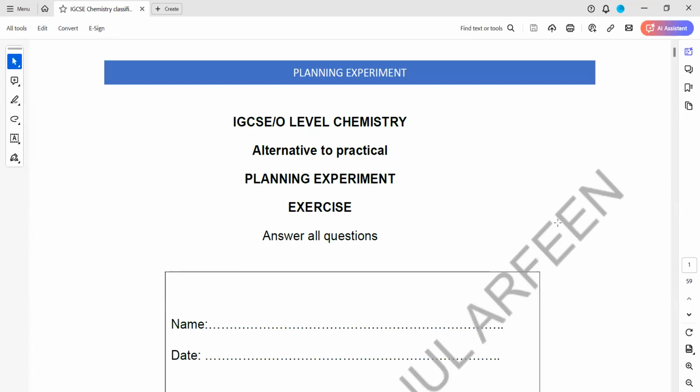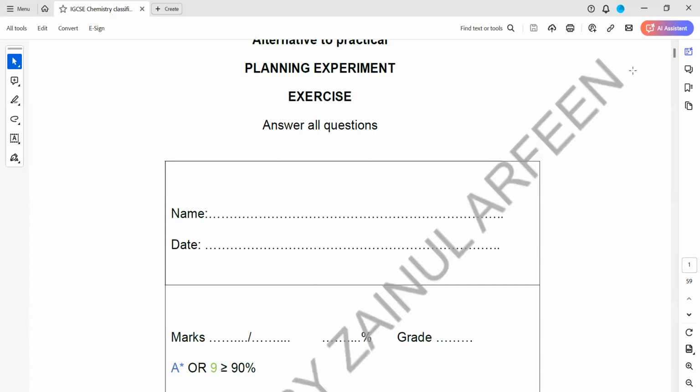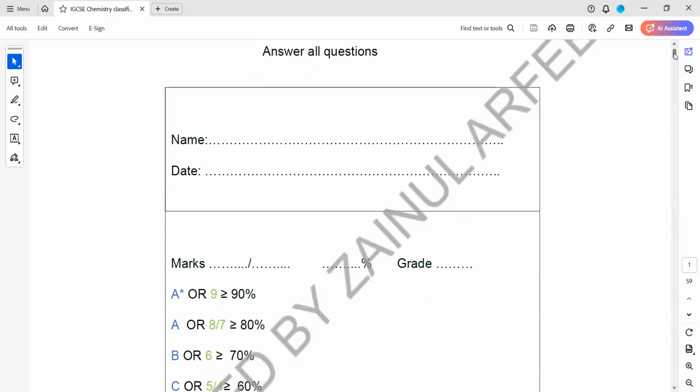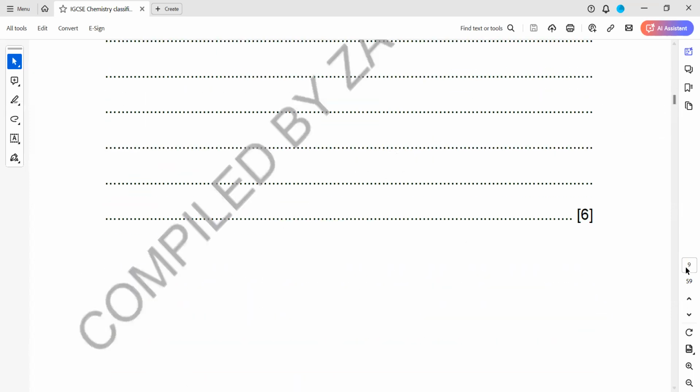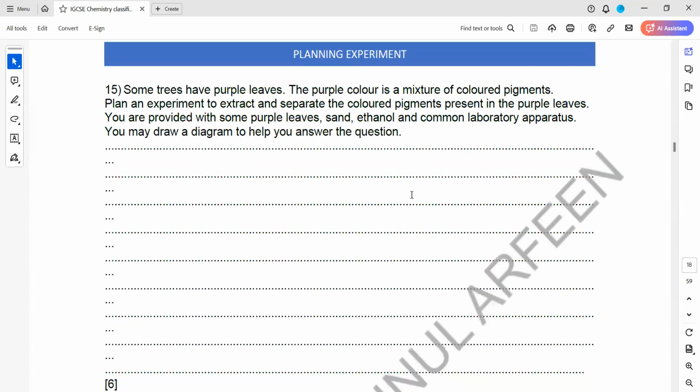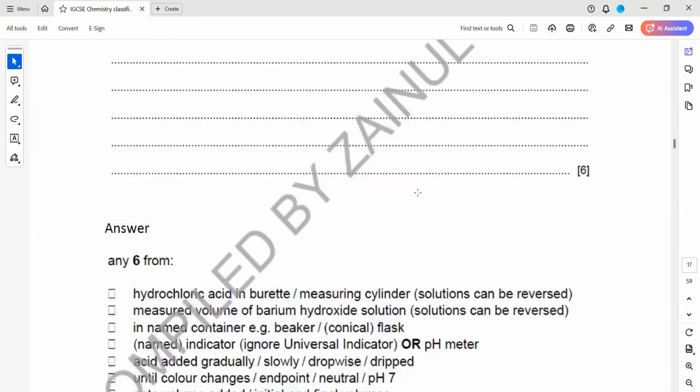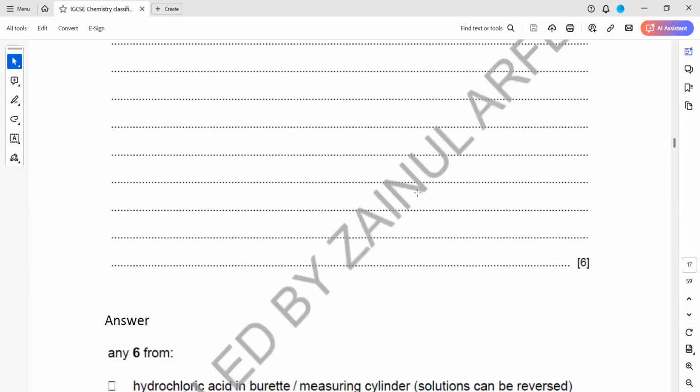So first we'll discuss the planning experiment exercise, the question related to planning experiment. The last we did, I think it was question 14.